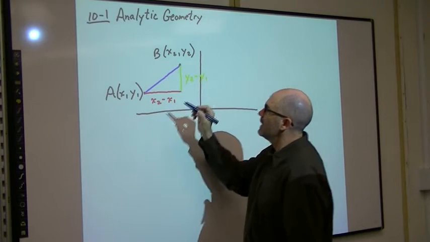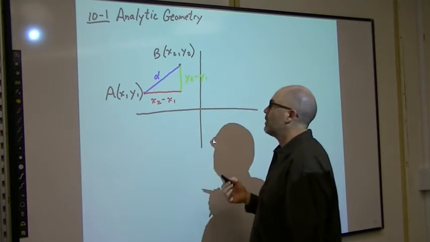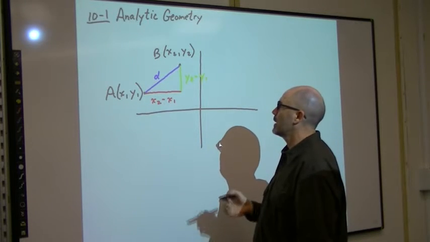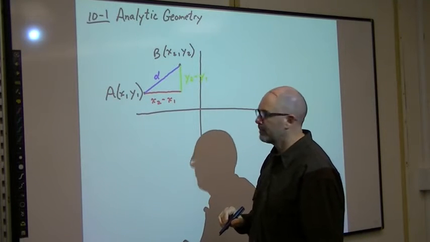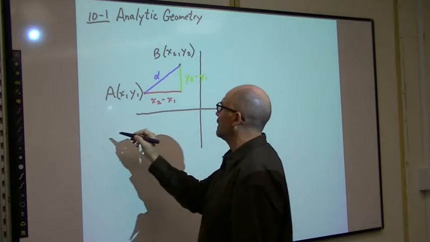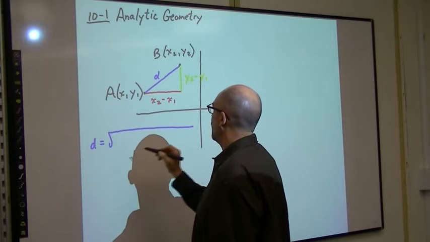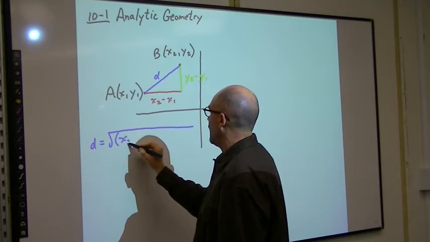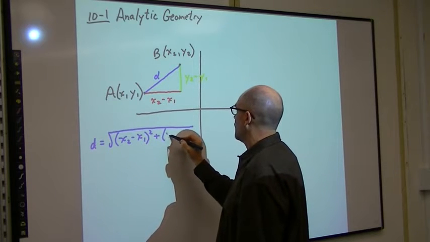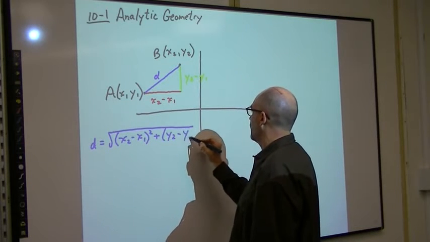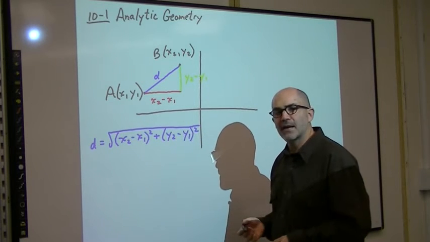Now, the distance we're interested in is the hypotenuse of the right triangle, because fortunately horizontal and vertical are perpendicular. So the distance is going to equal the square root of (x sub 2 minus x sub 1) squared plus (y sub 2 minus y sub 1) squared. That's it, game over.